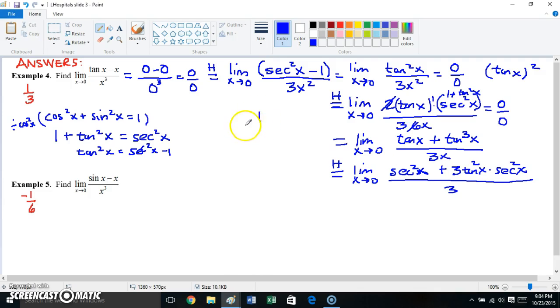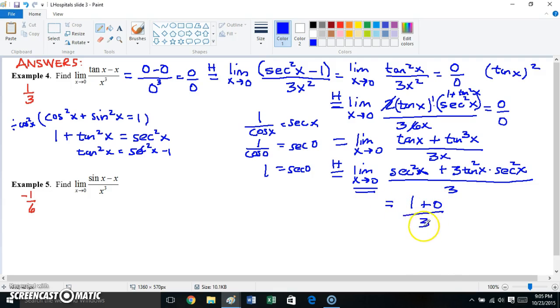So remember, secant is 1 over cosine. So secant of 0 will be the same as 1 over the cosine of 0. And the cosine of 0 is 1. So secant 0 is 1. So I'm just checking if I take the limit now. So we are going to get 1 plus 0 over 3. So I think the answer is 1/3.